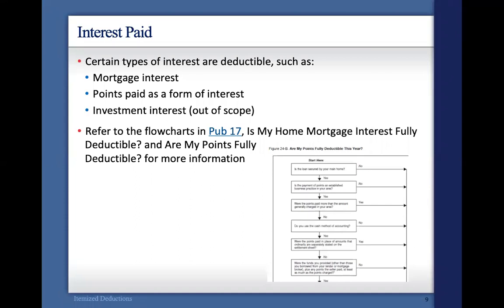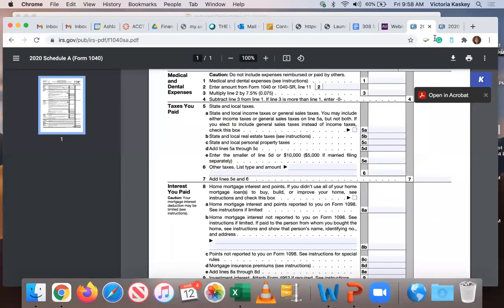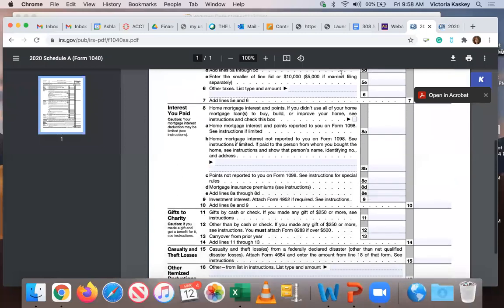I'm not going to get into the calculation of which one is better, but of course Excel can definitely show which would be better: paying out of pocket with points or saving that amount of money on your interest.